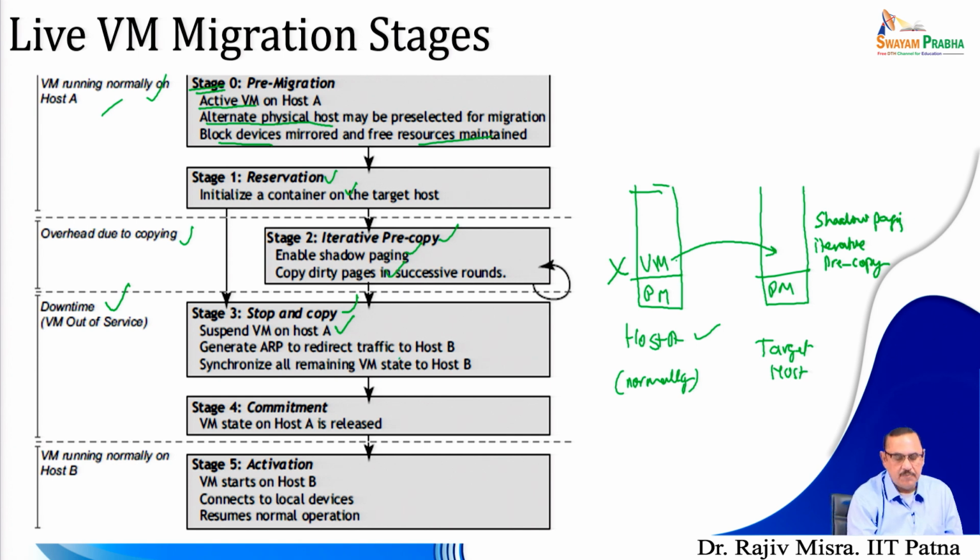It will generate ARP, address resolution, to direct the traffic to host B, and synchronize all the remaining VM state to host B. Then the next stage is the commitment, that means the VM state on host A is released.